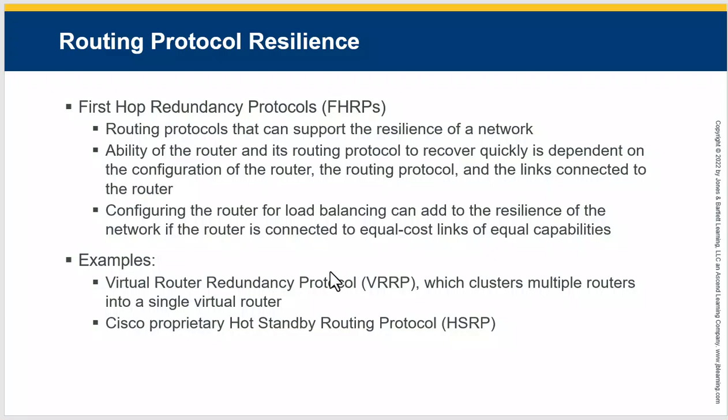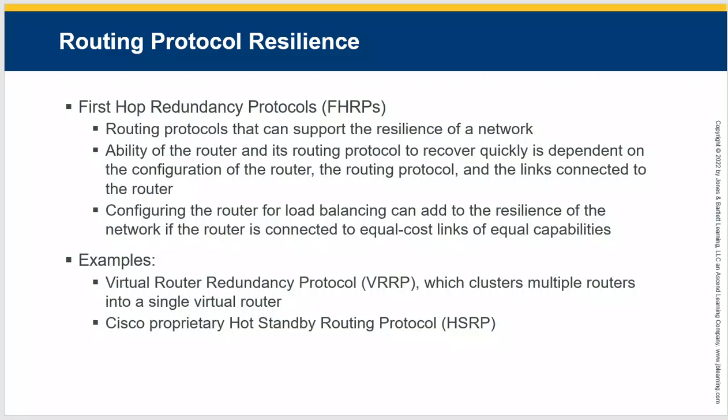That way, if one of the devices goes offline, the hosts don't notice because they've been using the virtual address anyway. And then there's also HSRP, Hot Standby Routing Protocol. I told you guys a few minutes ago about how hot standby works. You've got two routers, and one's actually handling the traffic, and then the standby router is just sitting there monitoring the live router and will take over in case it fails.